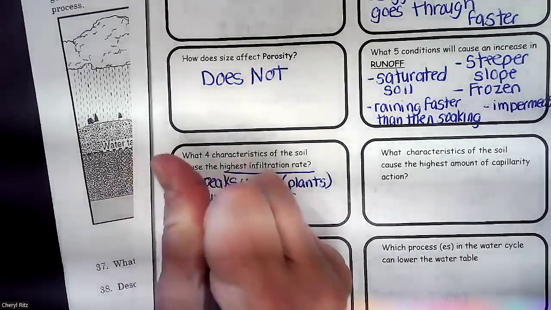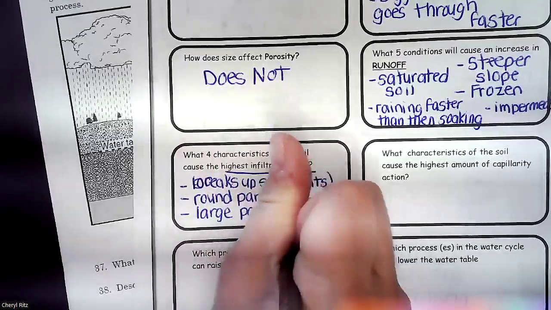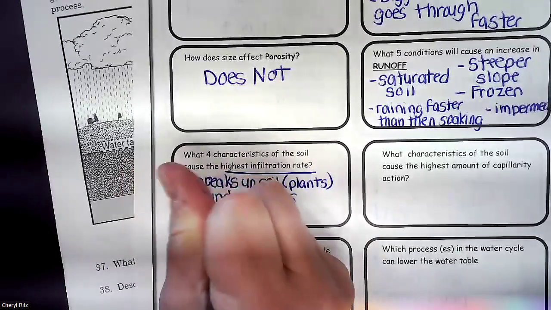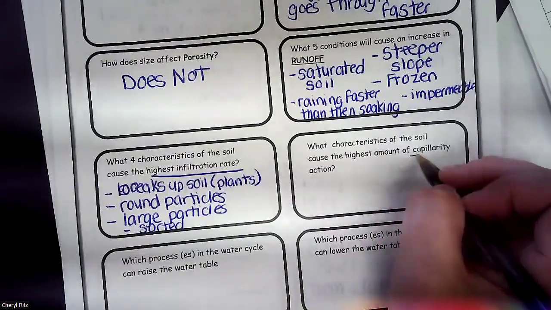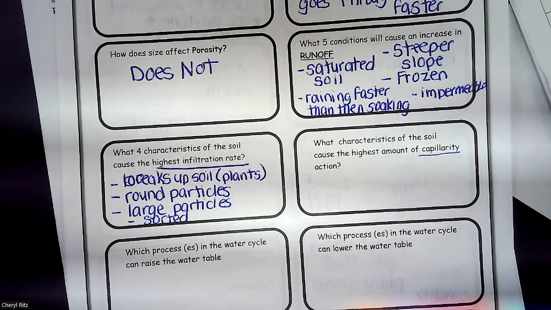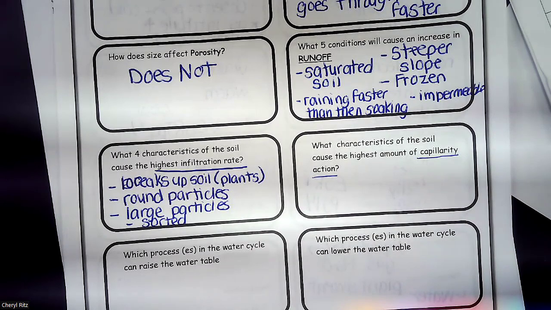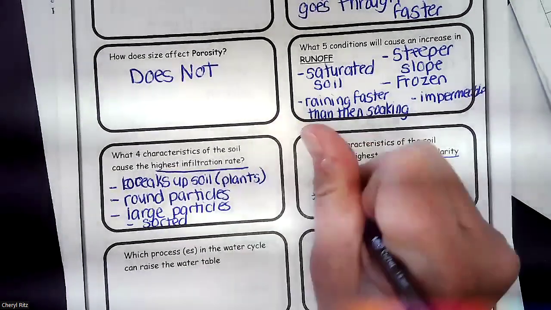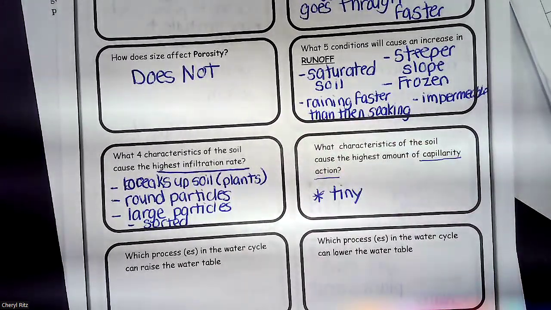Large. And the last thing is sorted. Which characteristic of the soil causes the greatest capillarity action? Capillarity, just like capillaries. Tiny particles work the best. The smaller the particles, the more capillarity.